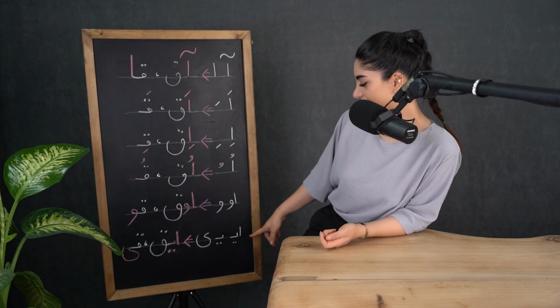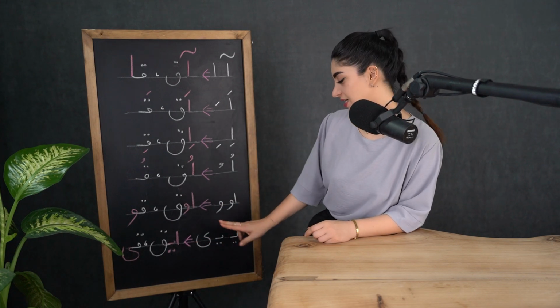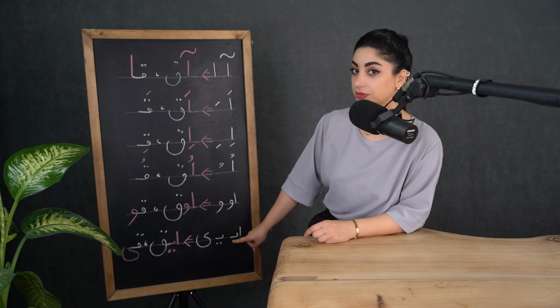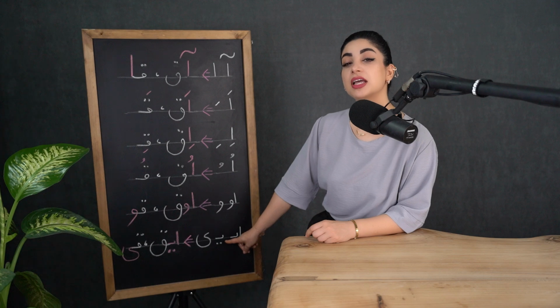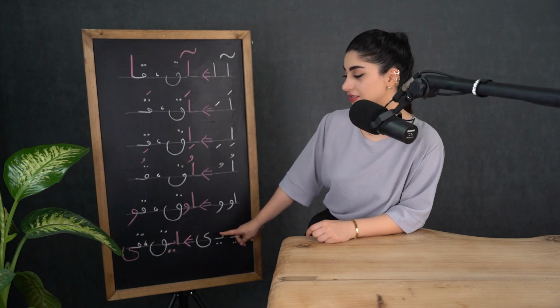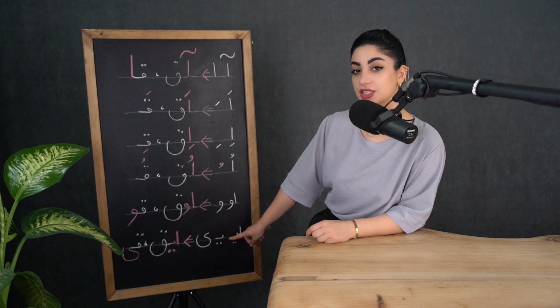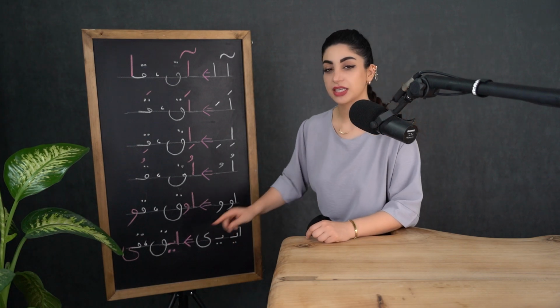Come here, continue. We have E. It has 3 forms. This one always comes at the beginning, always attached from here. This one always comes in the middle, always attached from here, and sometimes attached from here. This one is always at the end, sometimes attached, sometimes doesn't.